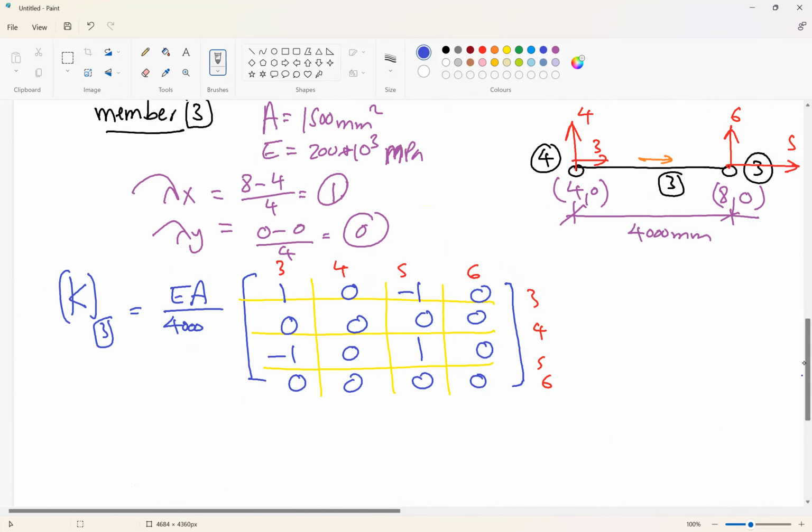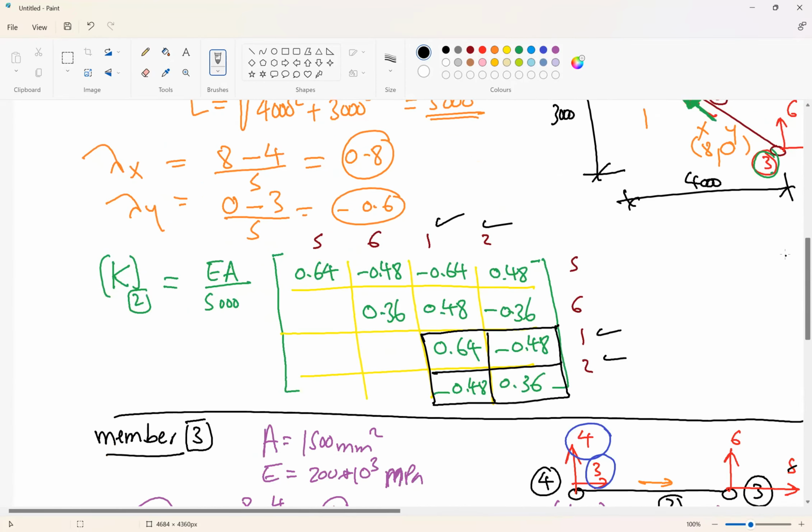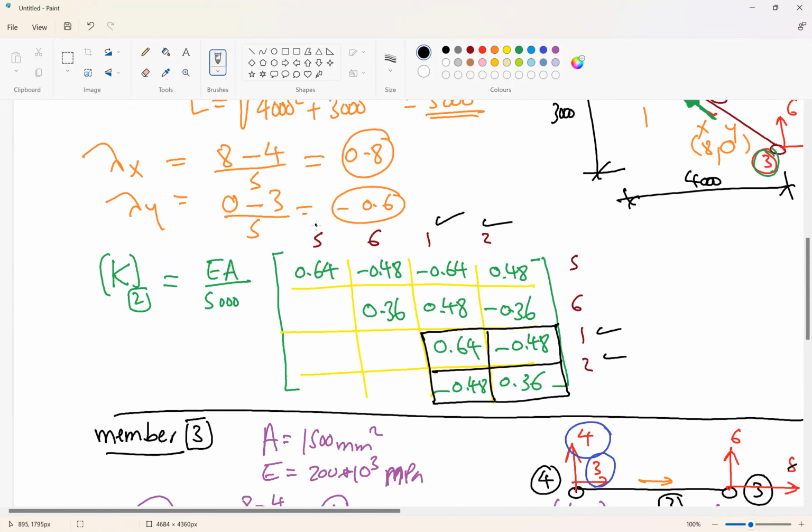The part we need here is, because 3 and 4 are also unknown, the main part is this part, 3, 4, 3, 4, and also 5 is unknown, so 5. Here as well, we will need 5, because 5 is also unknown, so we need this part.